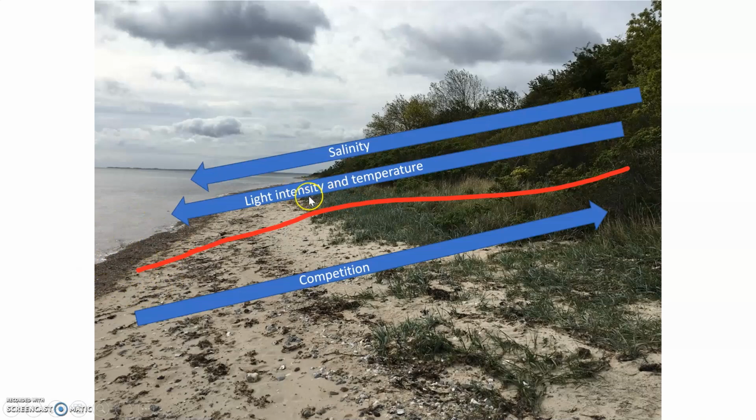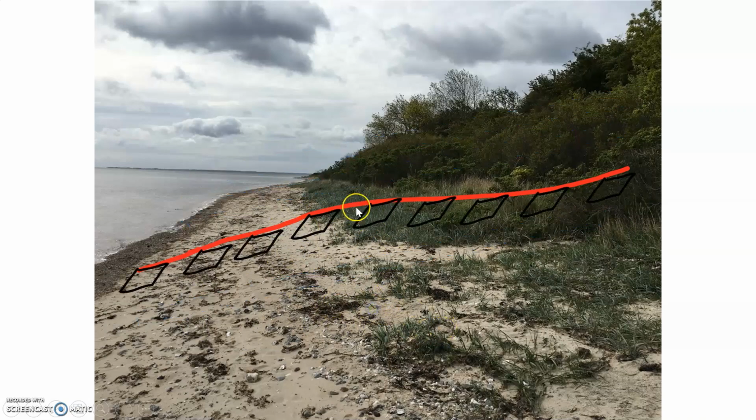We would also expect light intensity and temperature to increase, at least at the bottom of the vegetation, as we move out here where there are no shrubs and no trees. On the other hand, we would expect species to compete more if they grow in here. And out here we would expect only few species that are adapted to this very special environment.